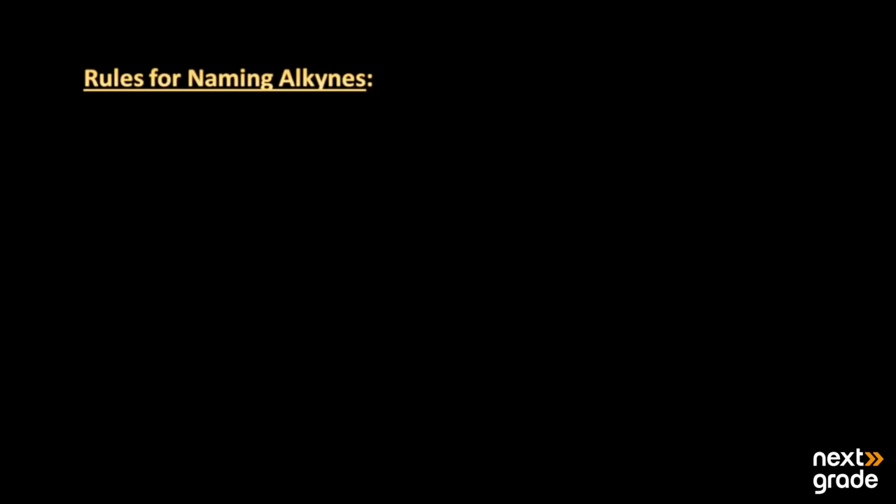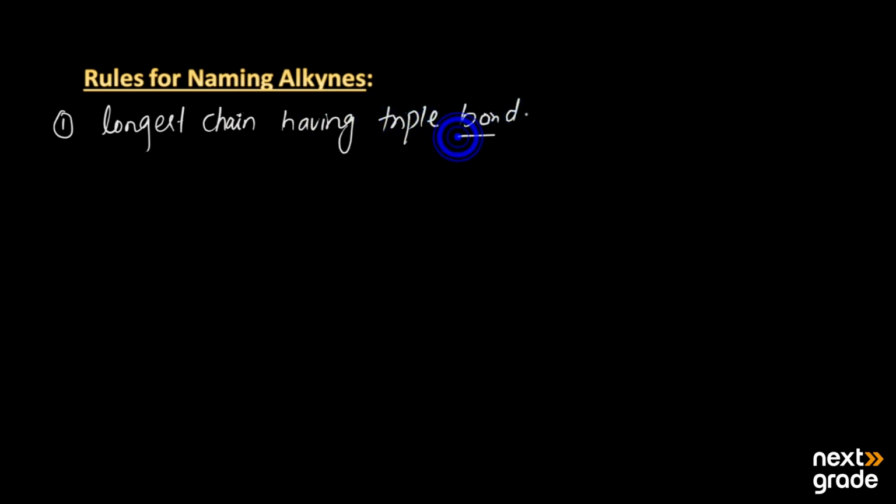The first rule is very simple: we have to select the longest chain having the triple bond between two carbon atoms, and that chain will be known as the parent chain. So this is the first step to name a simple alkyne.